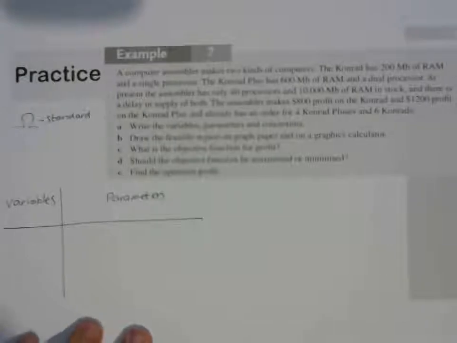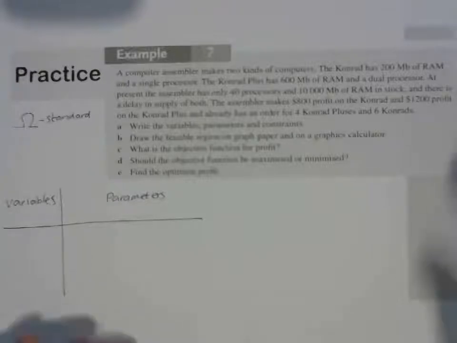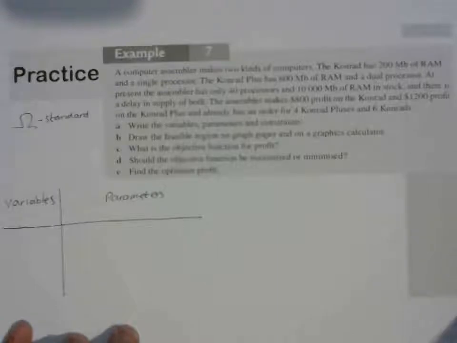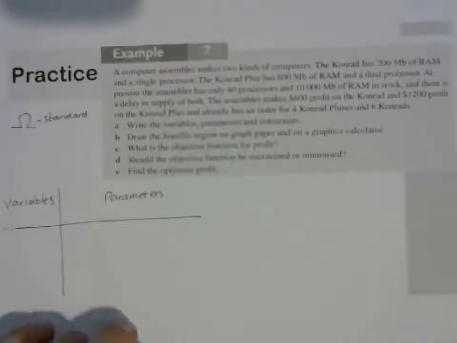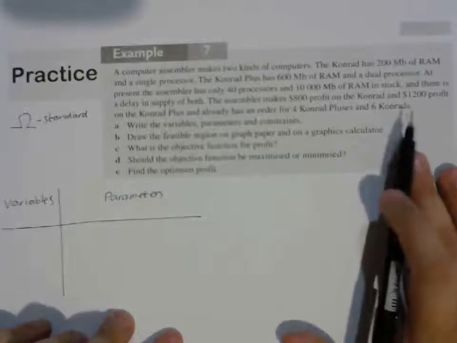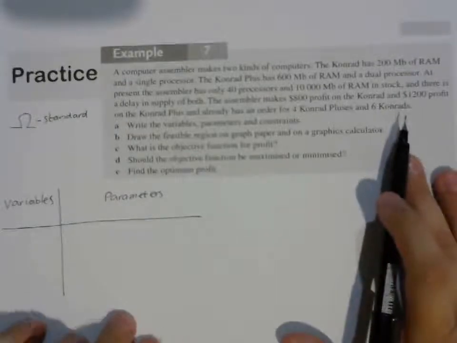So here's the question we've got. And before we start, I want to mention that this question is beyond the scope of what you are expected to be able to do. On your exam, you've got C standard questions, B standard questions, and A standard questions. This is harder than anything you'll be expected to do on your exam.